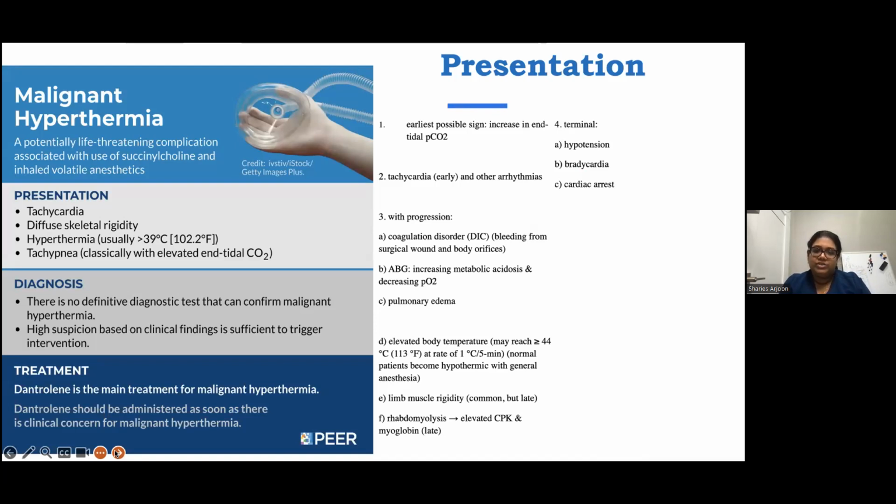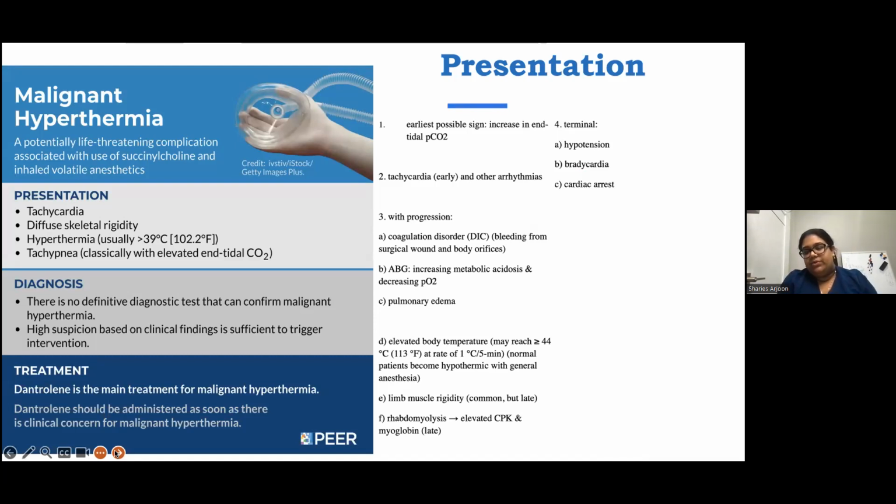With progression, they can develop coagulative disorders such as DIC, experiencing bleeding from the surgical wounds and body orifices. And ABG would show increased metabolic acidosis, decreased PO2, and pulmonary edema.